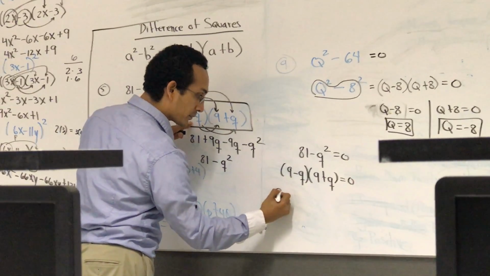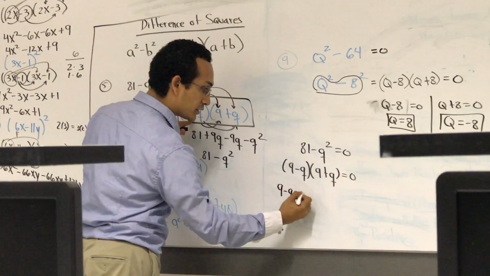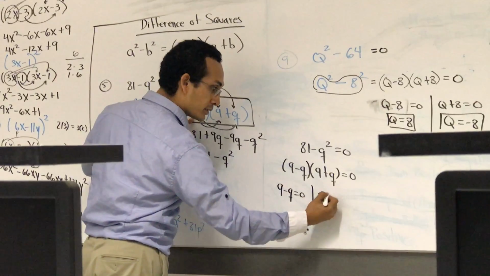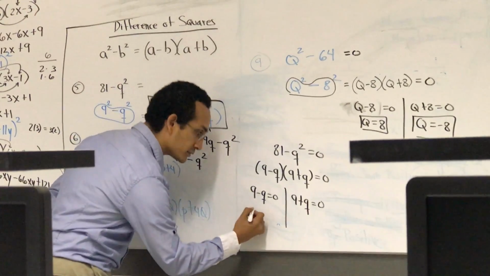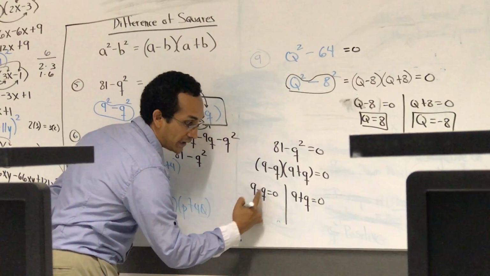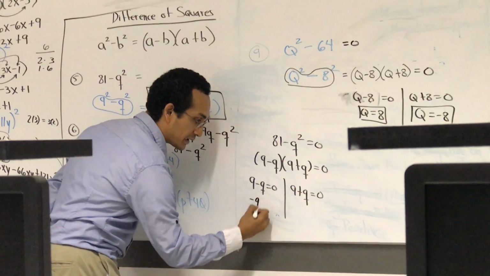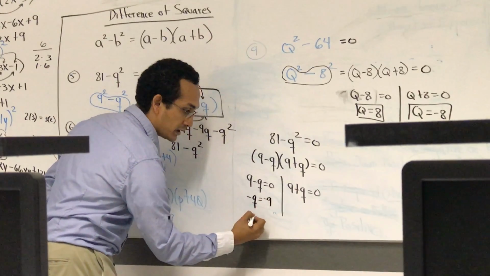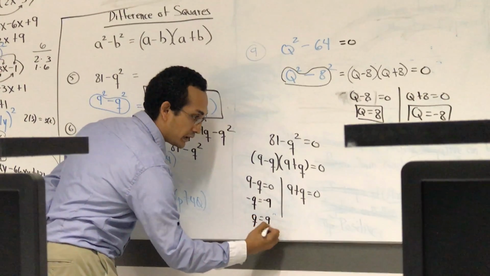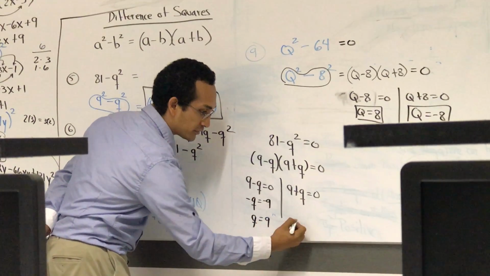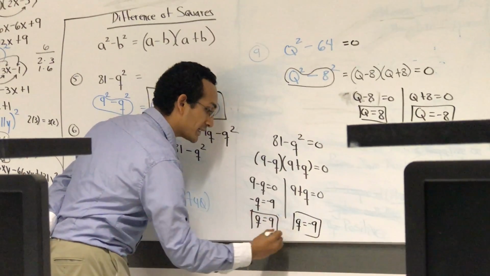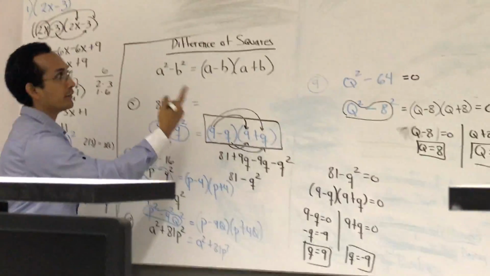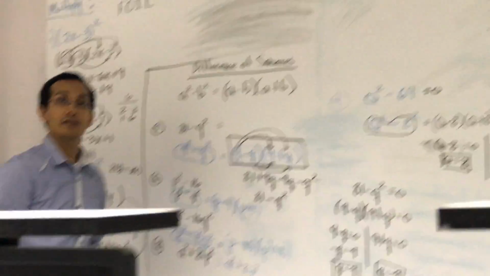So 9 minus q is equal to 0, and 9 plus q is equal to 0. 9 can go to the other side as negative, so negative 9 equals negative q, and q is equal to 9. And this one is going to be the opposite, so q is equal to negative 9. So those are examples of solving for the difference of squares. Okay, thank you.